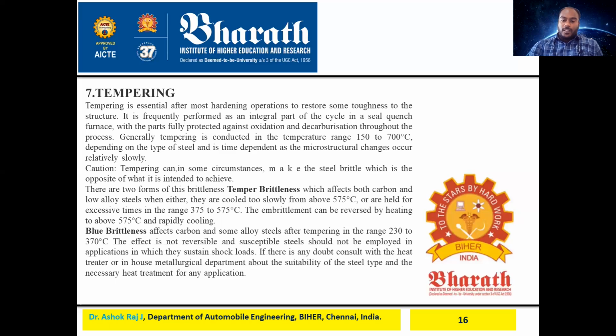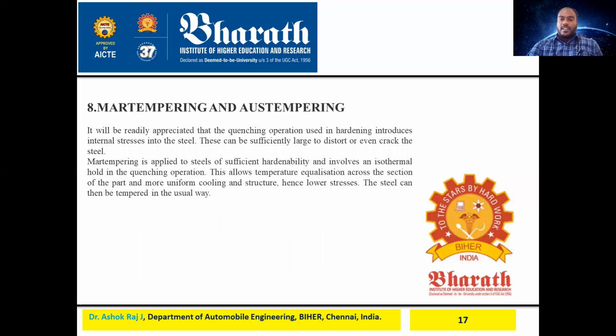In the metallurgical department, the suitability of the steel type and the necessity of heat treatment for any application are considered, as well as martempering or austempering. It will be readily appreciated that the quenching operation used in hardening introduces internal stresses into steel. Those can be sufficiently large to destroy or even crack the steel.